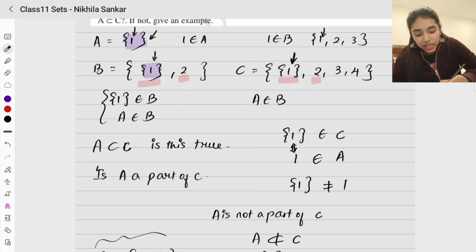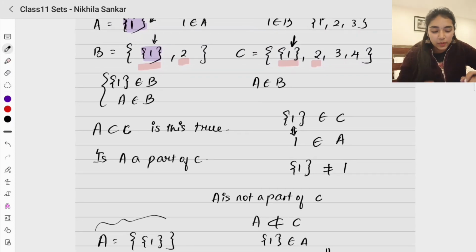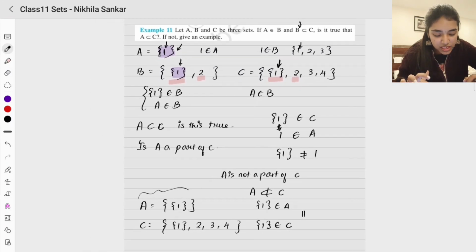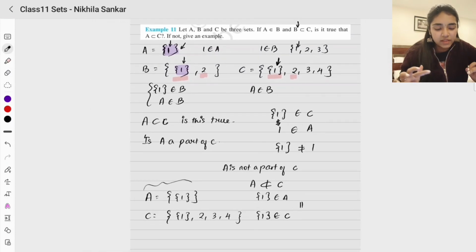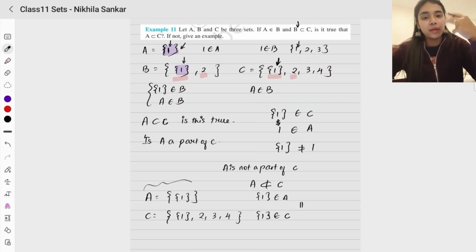But A is simply the element 1 inside the curly brackets, so you cannot equate them. So A is not a subset of C. Understood? It is very very simple. Just understand the terms. What is a subset, what does belongs to mean? Belongs to means the element has to be inside the set. A subset has to be part of the main set, derived from the main set.